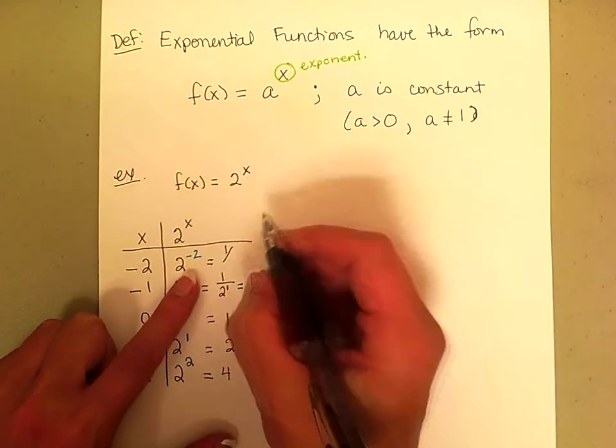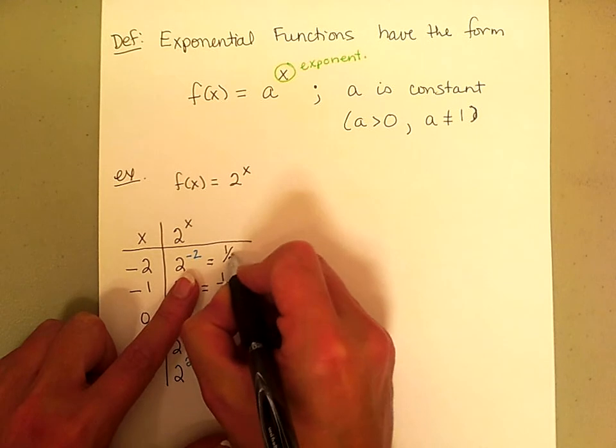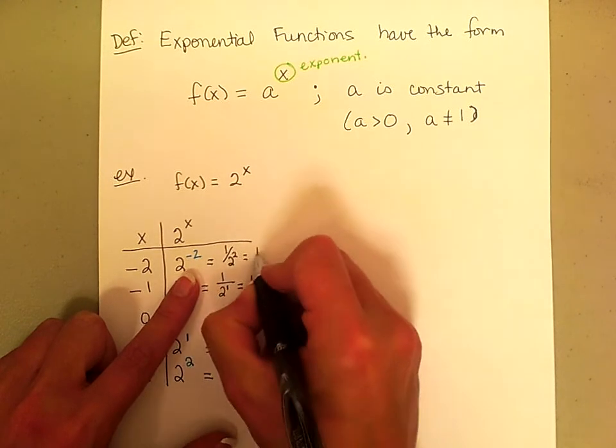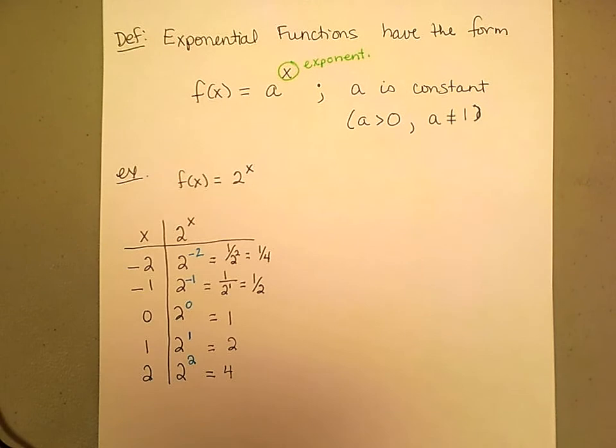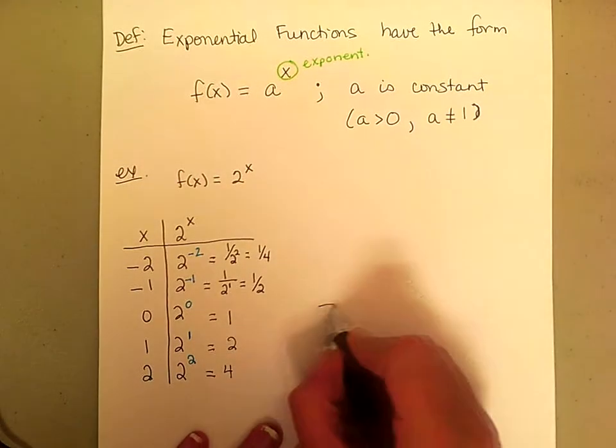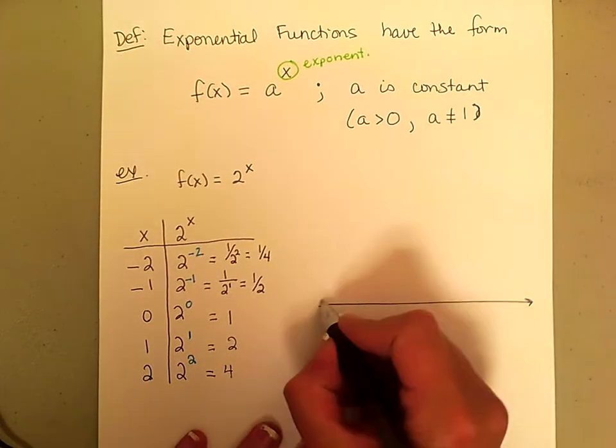Here I could write 2 to the -2 as 1 over 2 to the positive 2, which is 1/4. So these I've just picked to give myself an idea of what's going on.